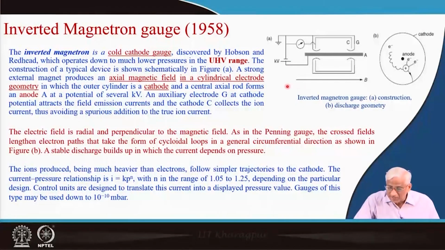A strong magnetic field is applied here also. Its purpose is to confine the electrons so that they do their business of ionization before they get collected by the electrode. If these field emitted electrons are collected by the cathode, that will act like an error. We are not interested in measuring those electrons, we are interested in measuring ions, because ion current is proportional to pressure.